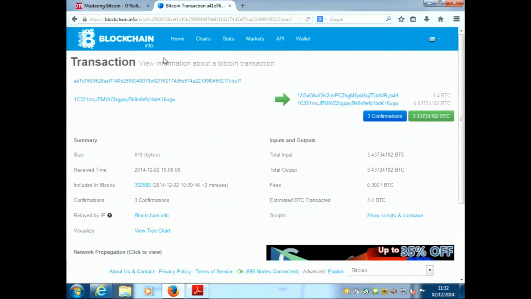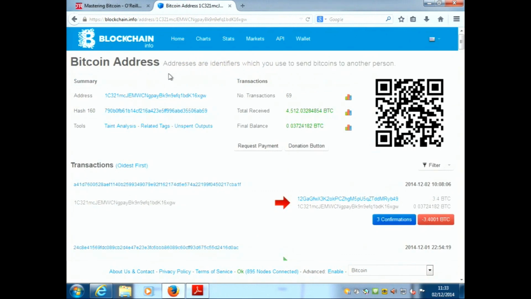And so there is a chain. This is built up in a ledger that keeps track of all the transactions. So you can actually follow this back. Suppose we click on this, and so this is an address. This is a hash, the hash of that address.